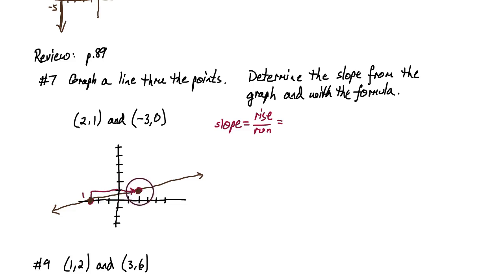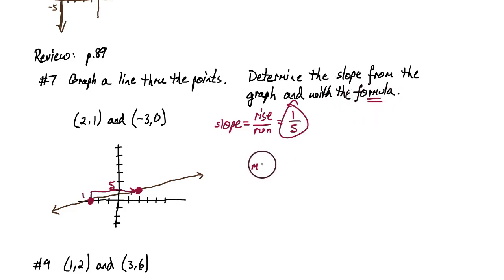Count the marks along the x-axis. Start at this dot and count to the right. 1, 2, 3, 4, 5 units. The run is 5. Rise 1, run 5. There's our slope.